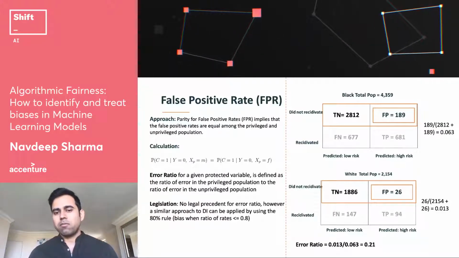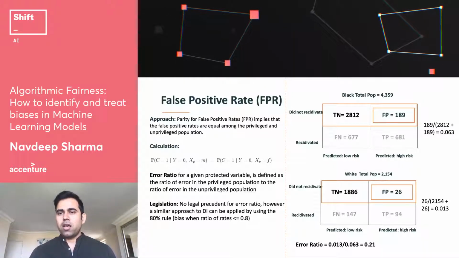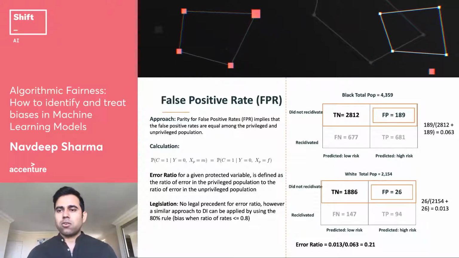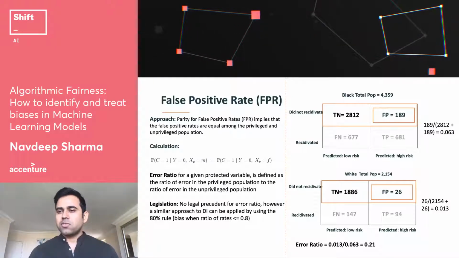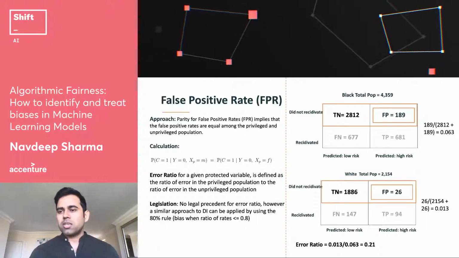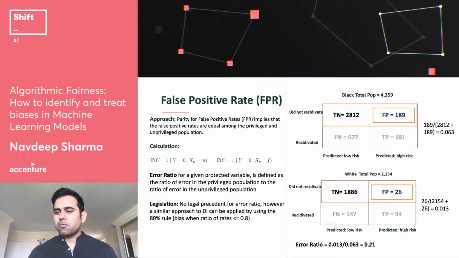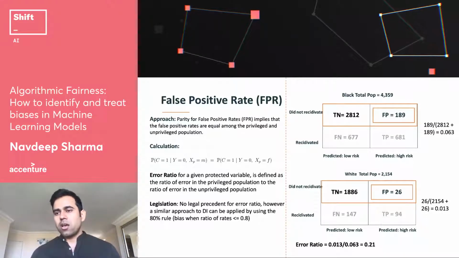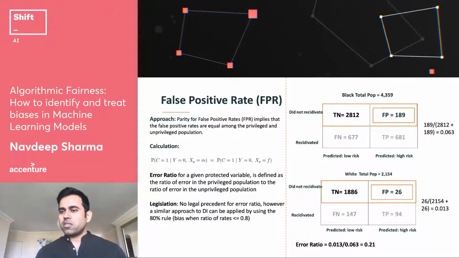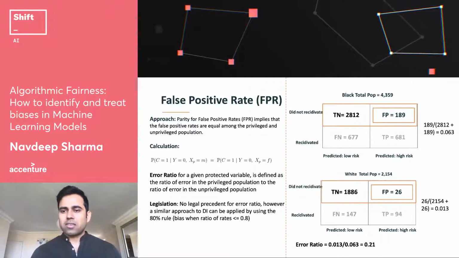Black is unprivileged and white is privileged. If we look at the confusion matrix on the top right, the false positive rate for the black population is 0.063, whereas the false positive rate for the white population is 0.013. In this hypothetical scenario, the false positive rate of the unprivileged group is close to 4 times higher as compared to the privileged group.